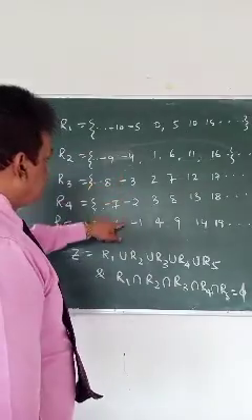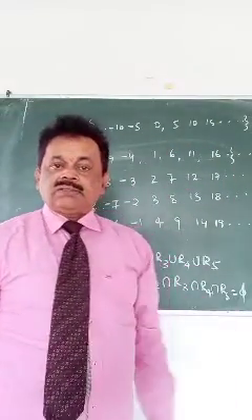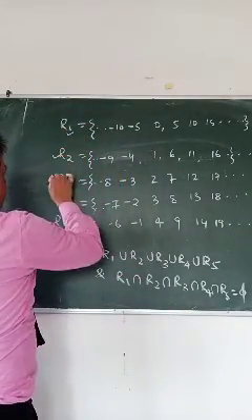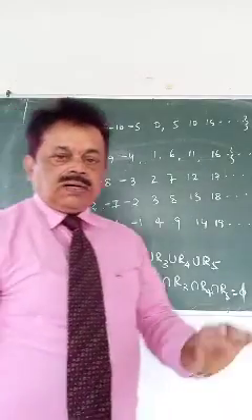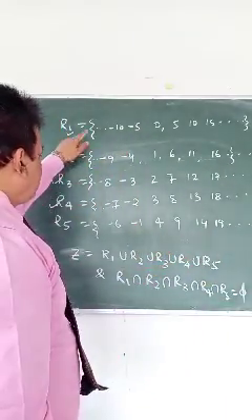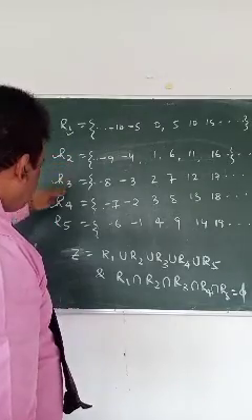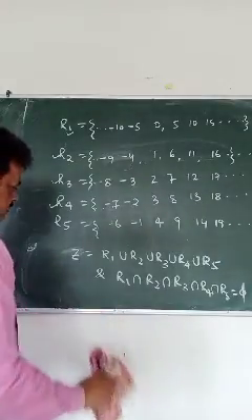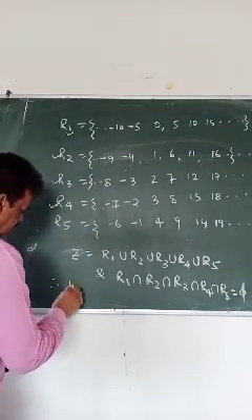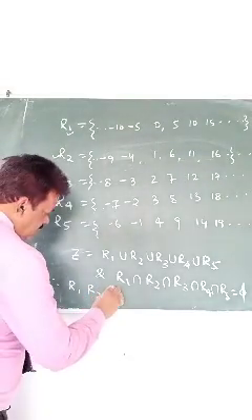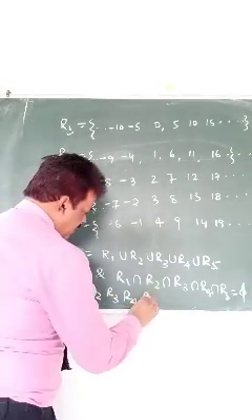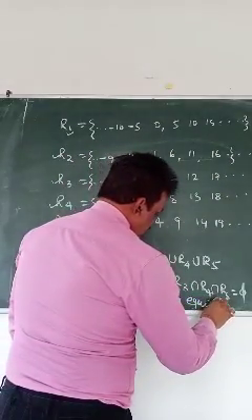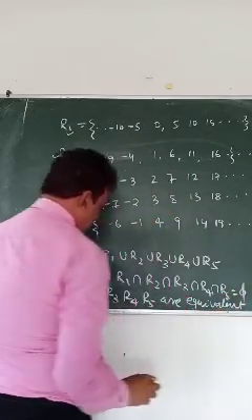There is no link between these elements. Disjoint partitions, you call it. So each is an equivalent class. That means one equivalence relation can be divided into many equivalent classes. That is the definition. So you can say here, therefore, R1, R2, R3, R4, R5 are equivalent classes.